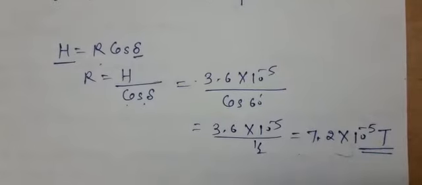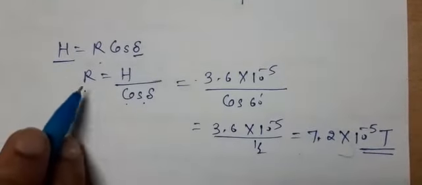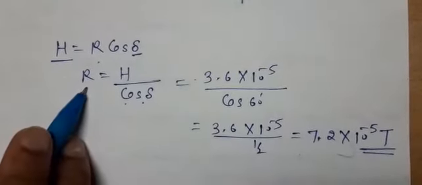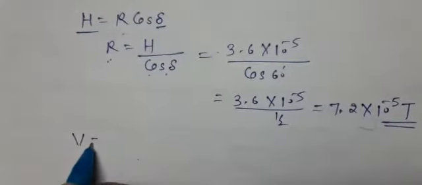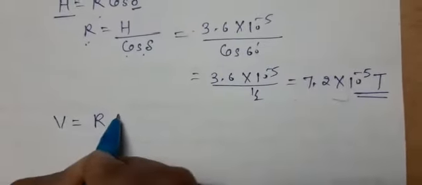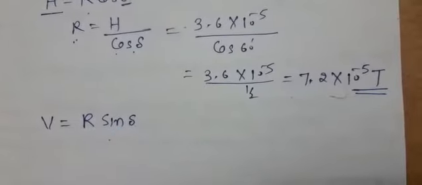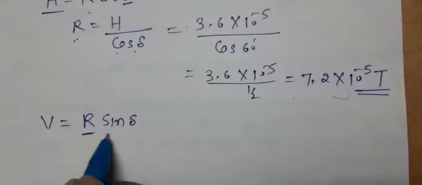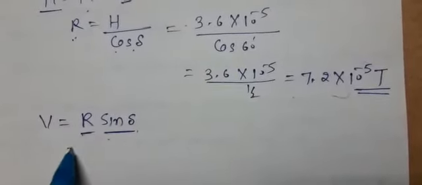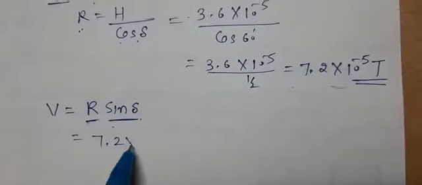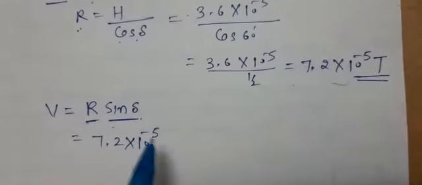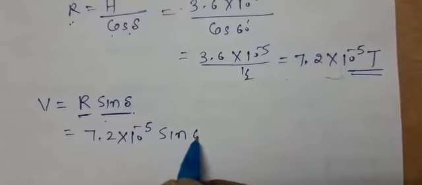Right? Now from this H we have calculated R. So second point, what has been asked? Vertical component. This vertical component is R sin delta. So now put the value of R as well as sin delta. It is 7.2 × 10 raised to the power minus 5 into sin 60 degree.